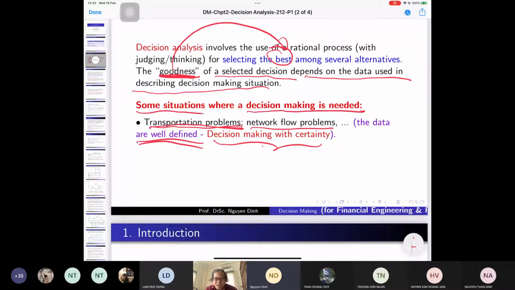For example, a company that wants to produce pens: how many workers there are is certain. The company has 100 workers, 5 machines, and 4 warehouses, and everything is certain. Everything is fixed.